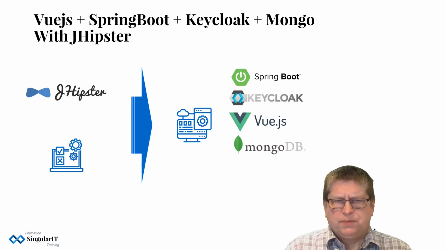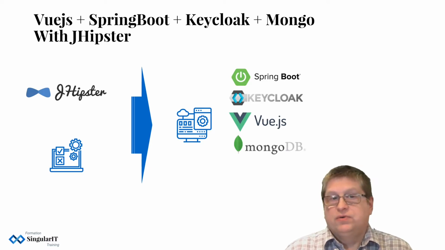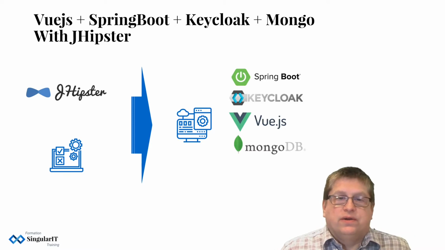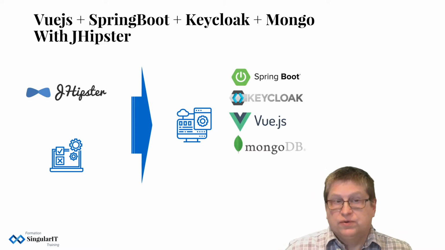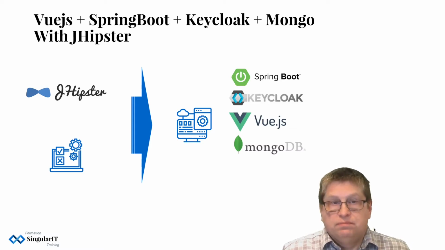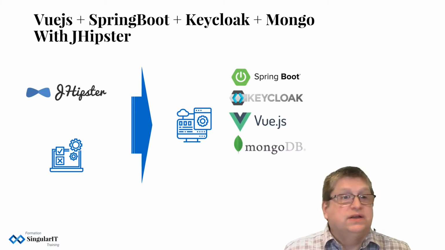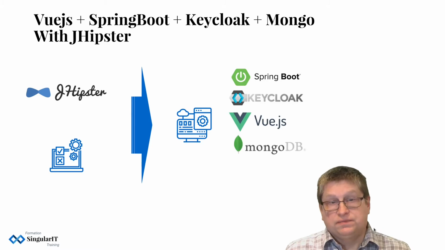But it will not restrict to that, because when we go deeper in the code, we see that the Vue.js project is already configured using TypeScript, that the MongoDB has the required Docker Compose to start the MongoDB, and the same thing for the Keycloak. So we got a lot of bonus by using JHipster to generate those entities.